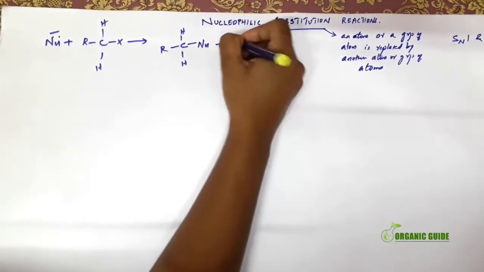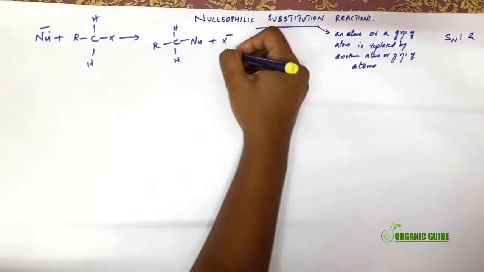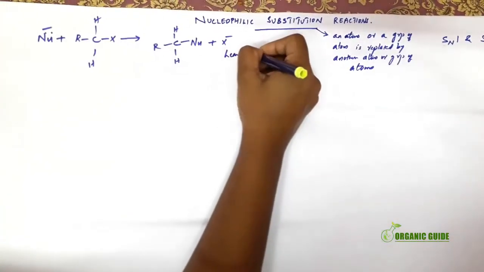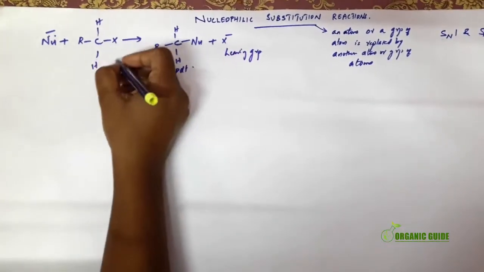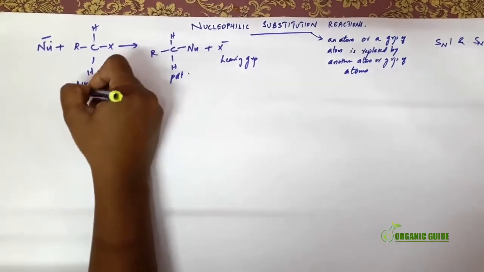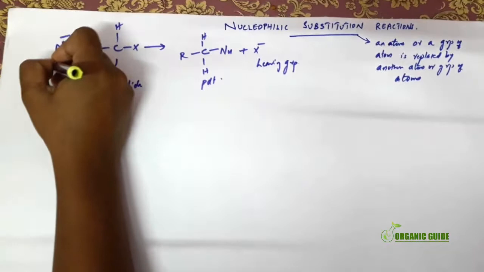And we will get a leaving group, that is halide ion. This is the leaving group. This is the product. This is the substrate, alkyl halide. And this is the nucleophile.